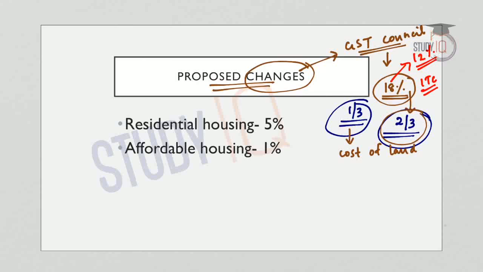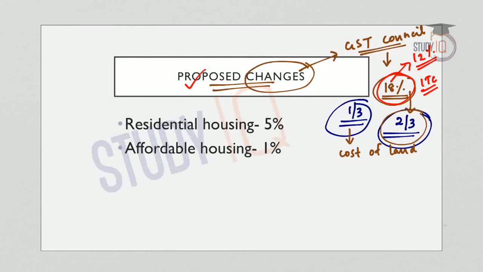Now what is the proposal made, or what is the recommendation of the GST Council? So recently the GST Council slashed the tax rates for both affordable and non-affordable housing in the under construction segment. So this 18% was recently slashed by the GST Council. Now what is the new proposal?